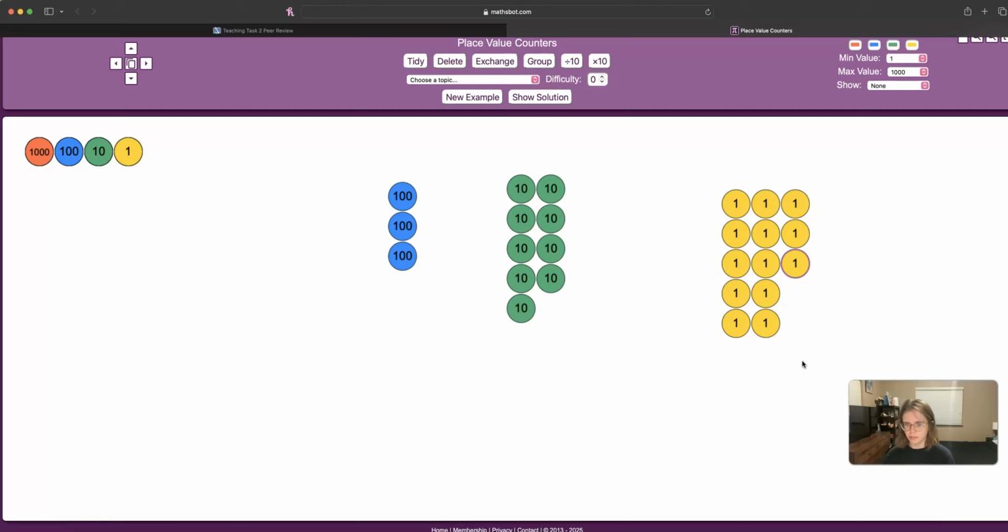We need to write this on our paper. So we're going to cross the 10 out and write a 9 above it because we only have 9 tens left. And since we added 10 ones, we're going to write the 1 in front of the 3. And now you have 13.